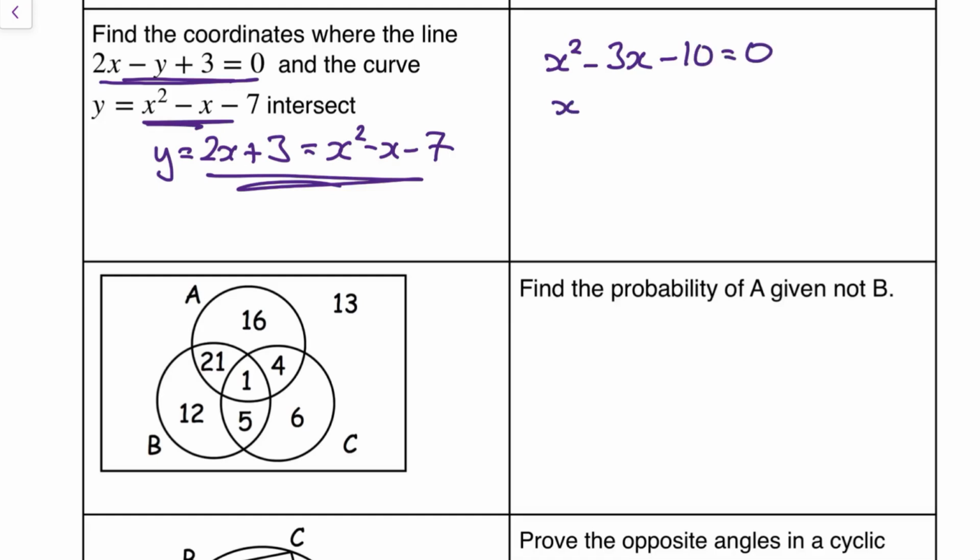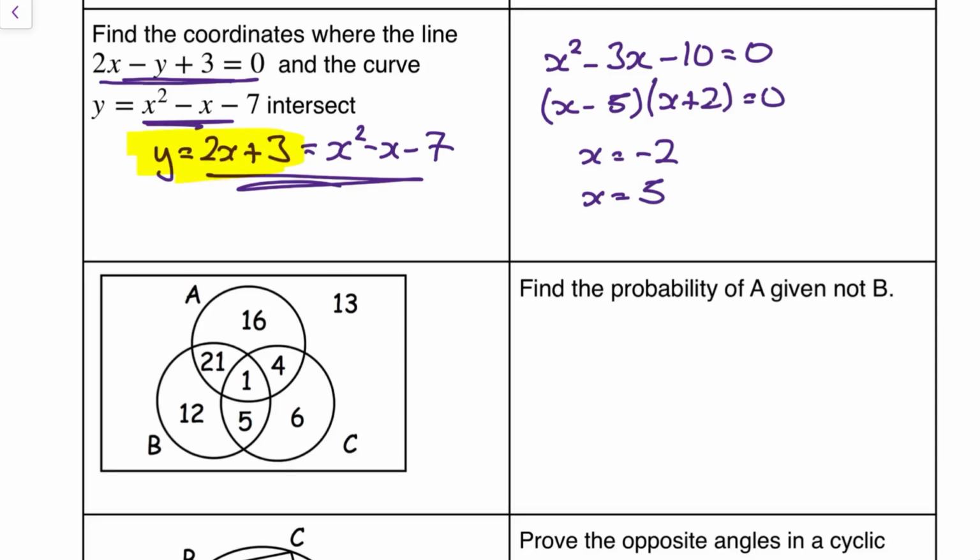Which I can factorise. Always makes me feel a bit better when I can factorise. It means I've probably done the right thing. Not definitely, but probably. So that's minus 5 and plus 2, which means that x equals minus 2 or x equals 5. Now what does it want? It wants the coordinates where it meets. So I'm going to use the first equation to work out my y values.